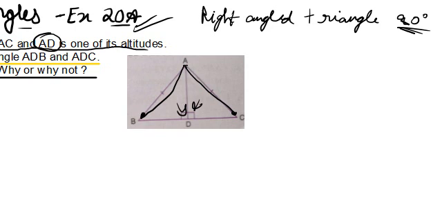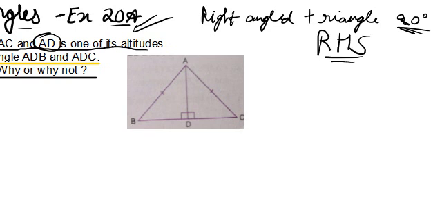We have to tell which method can prove the congruency. Now, if we go by the method that is used for triangles with a 90-degree angle, that is RHS, we use the RHS method. RHS first step is to check for the 90-degree angle, and it's already here. We have checked. Then we have to check for the sides of the triangle. Now we check for the side as well.